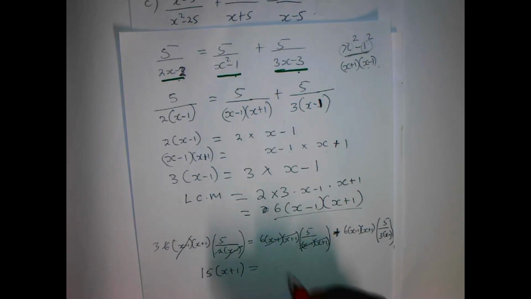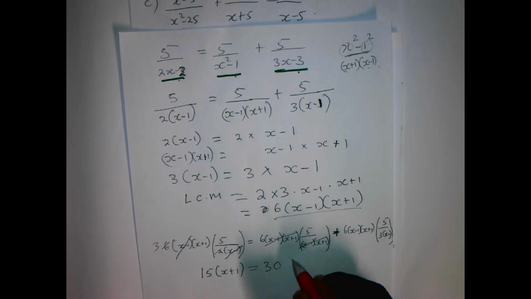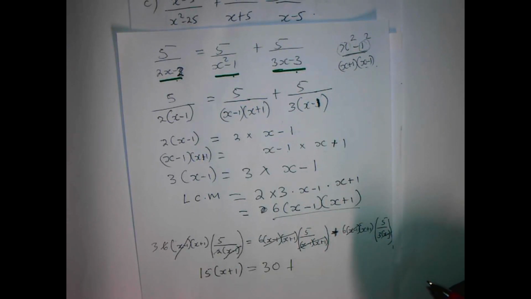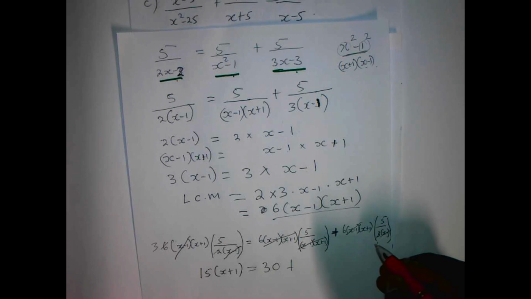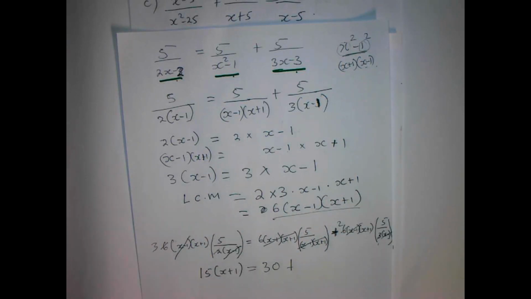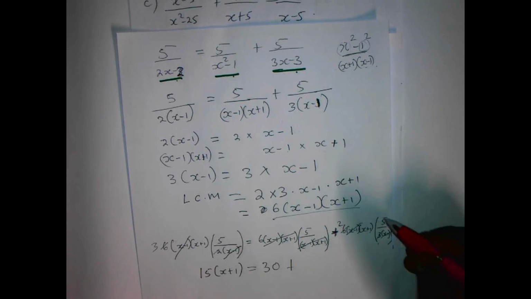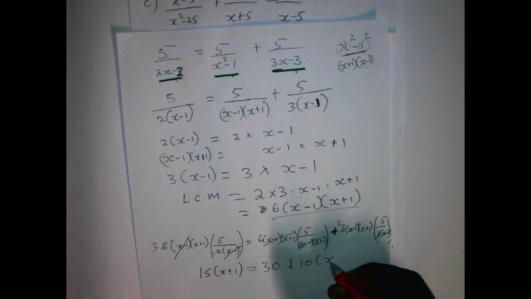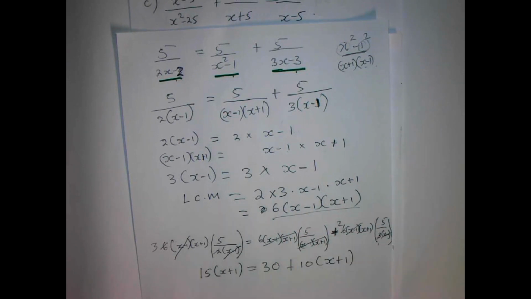So that will remain with 6 times 5, which will be 30, plus, now this cancels x minus 1 with another x minus 1. So 3 into 6 will give us 2. So 2 times 5 will give us 10. 10 times x plus 1, like that one.